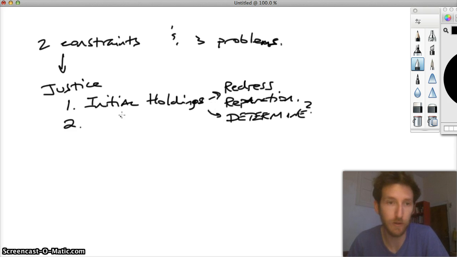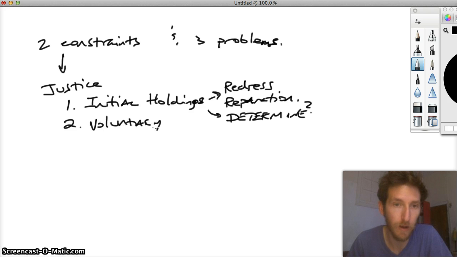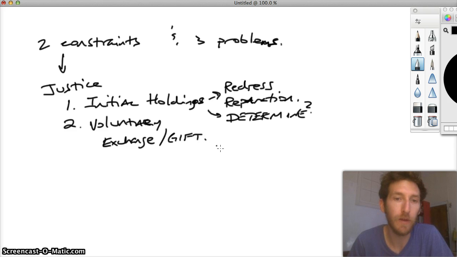The other constraint is similar to this. It's not about initial holdings, but have people gained the property that they have in virtue of voluntary exchange in a free market, or by virtue of a gift? Again, if the answer is yes, then whatever holdings they happen to have, whatever property they happen to have is just.